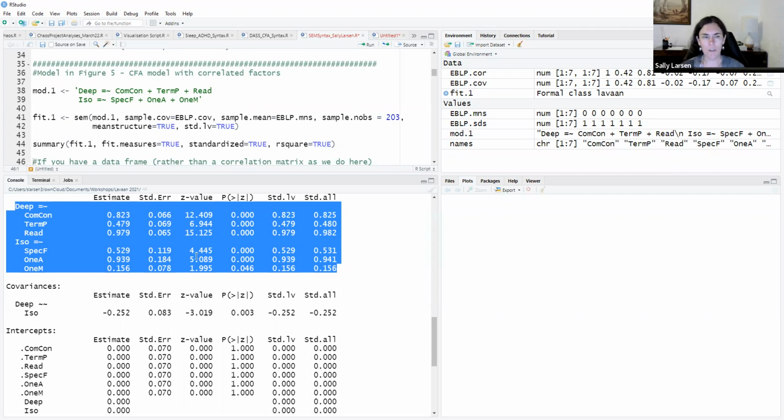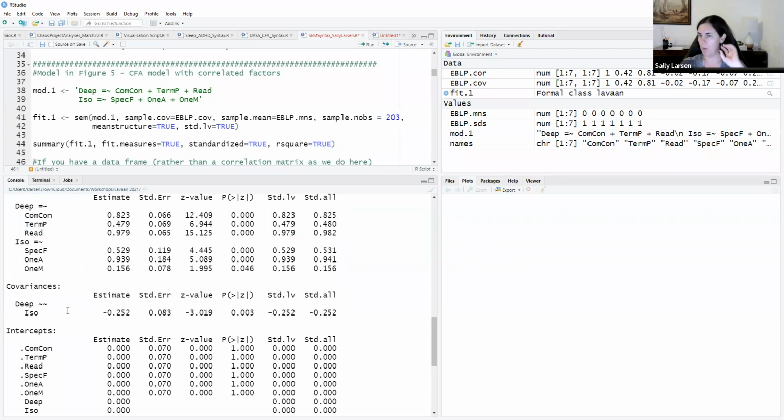If you've got a larger model, what's more often reported are the relationships between all of the variables. So sometimes yes, sometimes no. In this case, we've only got a really simple model, and so the only relationship between latent variables is this covariance between deep learning and isolated learning.